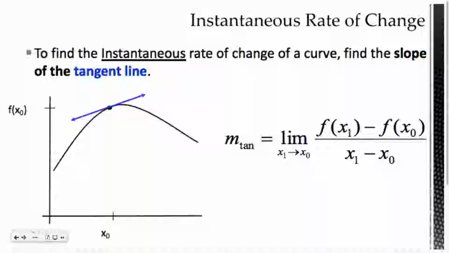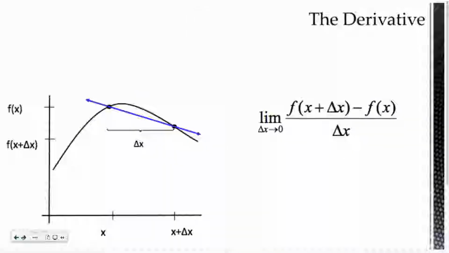So this is what I need you to write down. Does that look familiar? Yes, you've done this before. Did you know that you've taken a derivative if you didn't know it? Now you do.